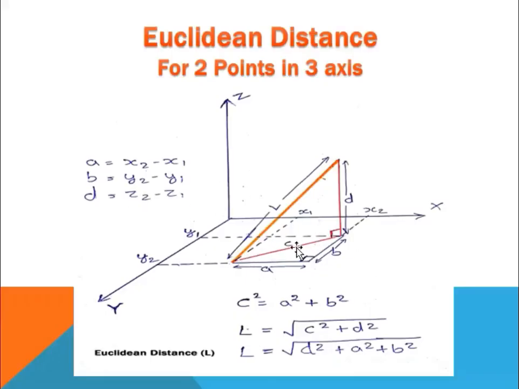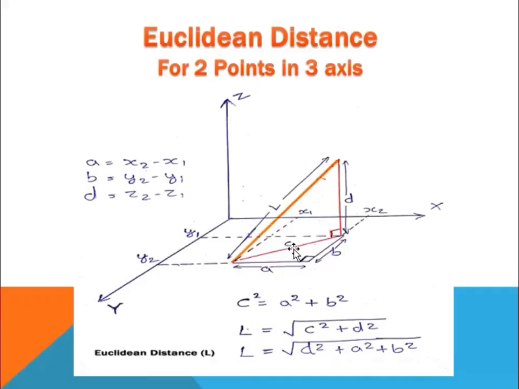So here we can see that C square is equivalent to A square plus B square, and we wanted to calculate the Euclidean distance L between the 2 points. This is the first point and this is the second point. The Euclidean distance between the 2 points is equivalent to the square root of C square plus D square, and C square is nothing but A square plus B square.